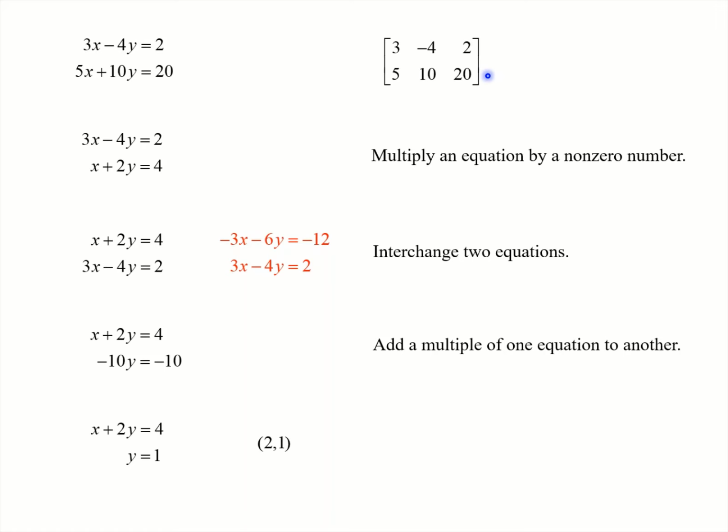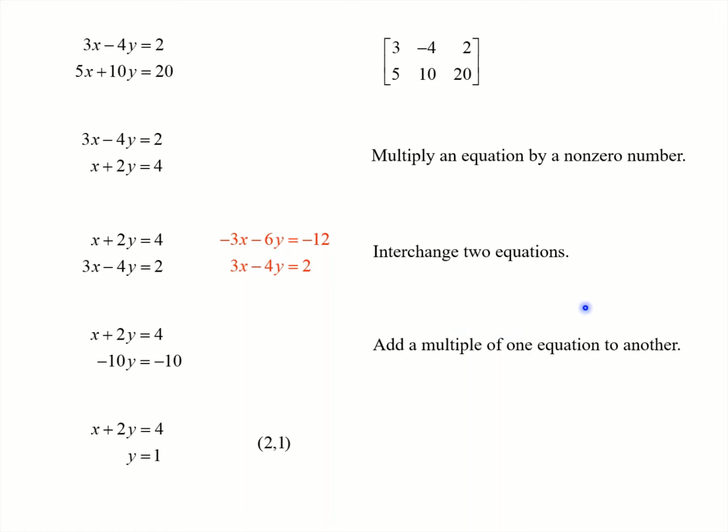So what I'm going to do is work on this matrix, and instead of these statements, multiply an equation by a non-zero number, I can look at the statement as multiply a row by a non-zero number, interchange two rows, and add a multiple of one row to another.